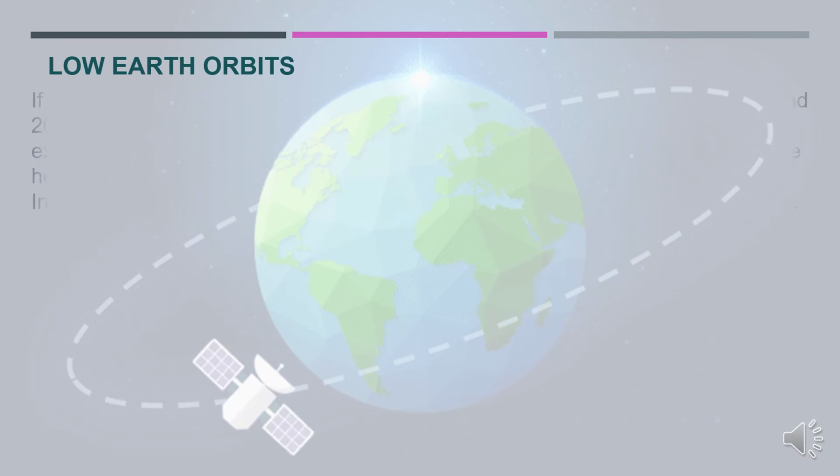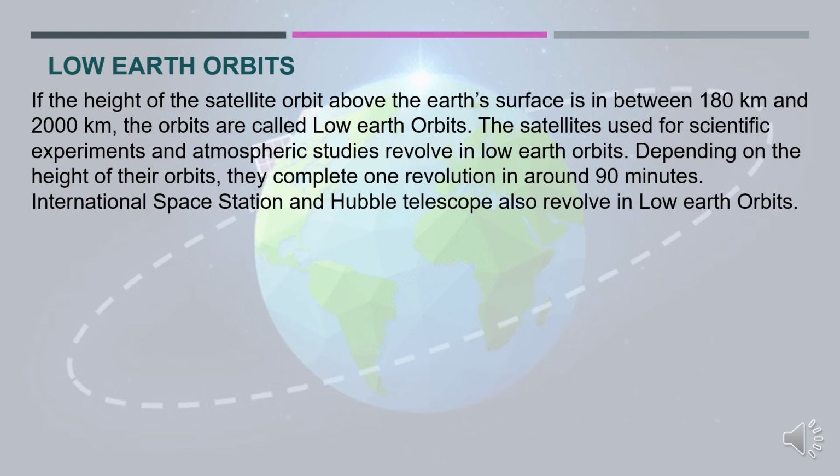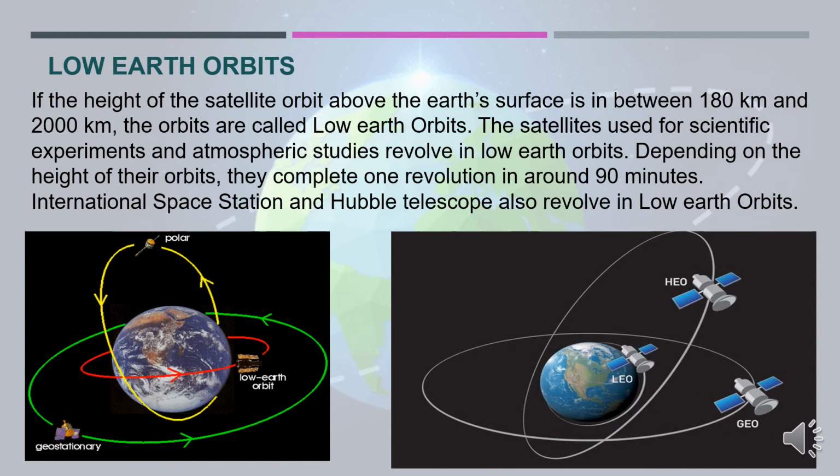Now we come to the low Earth orbit. If the height of the satellite orbit above the Earth's surface is between 180 kilometers and 2000 kilometers, the orbit is called low Earth orbit. The satellites used for scientific experiments and atmospheric study revolve in the low Earth orbit.